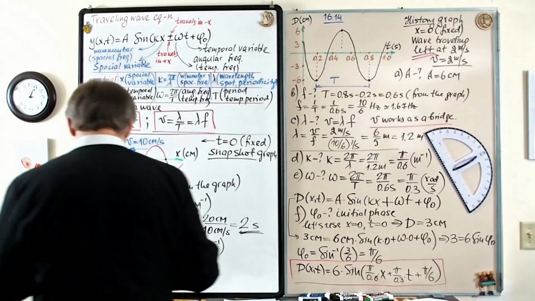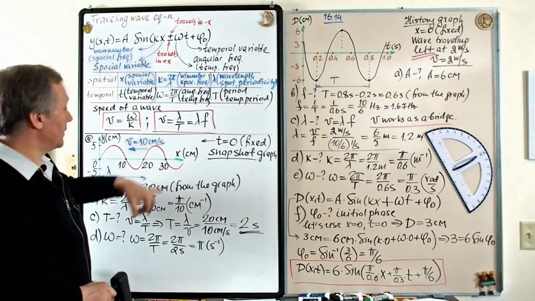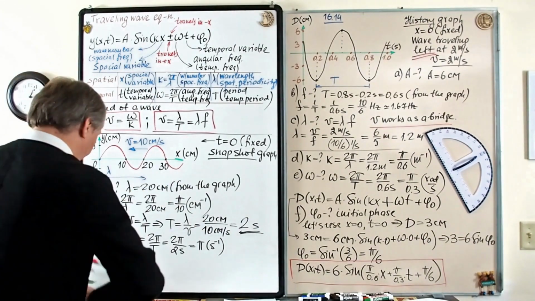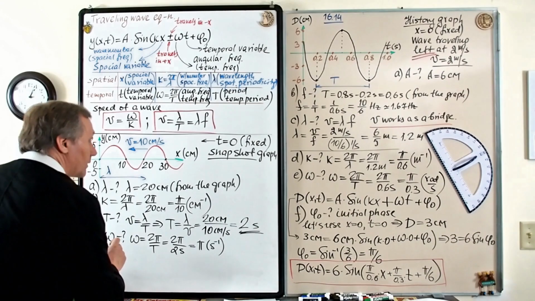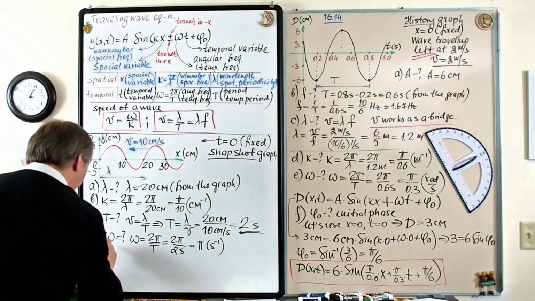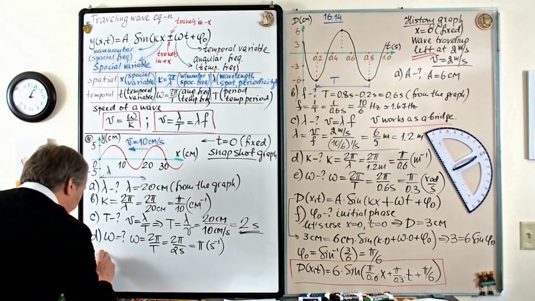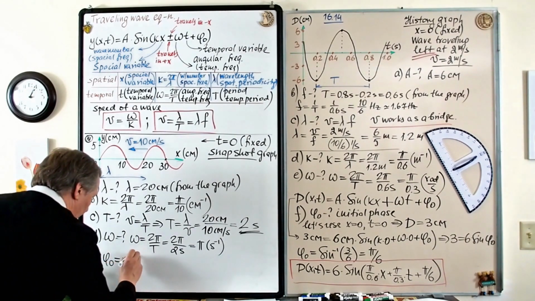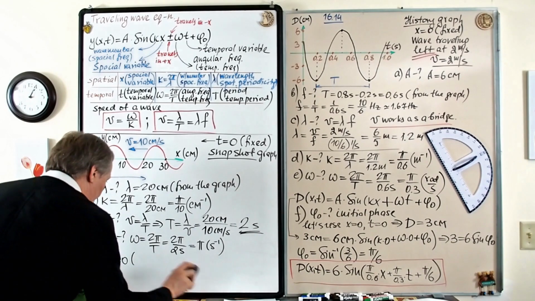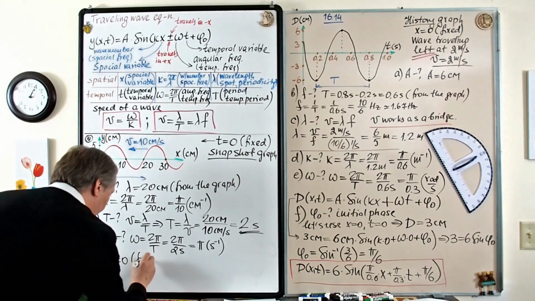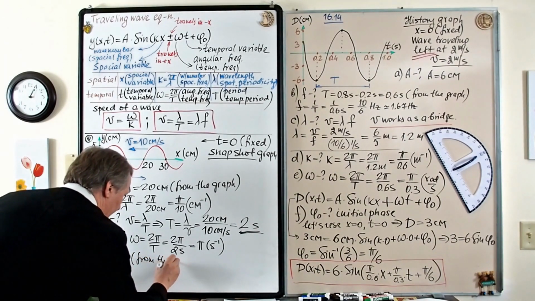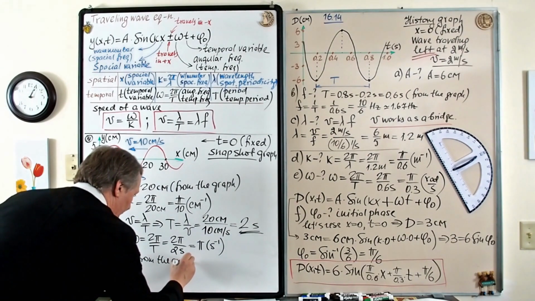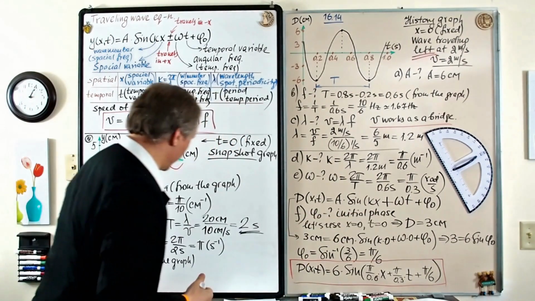So phi naught is 0, we can see from the graph. Let me write also: phi naught equals 0. And again, I can say from the graph, you can see, or you can calculate it, right?